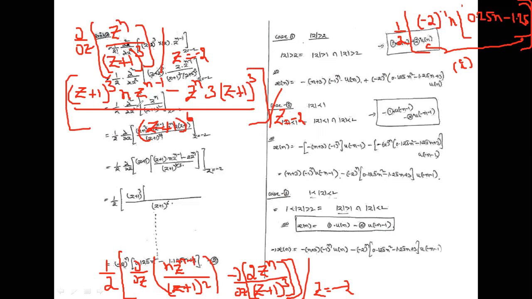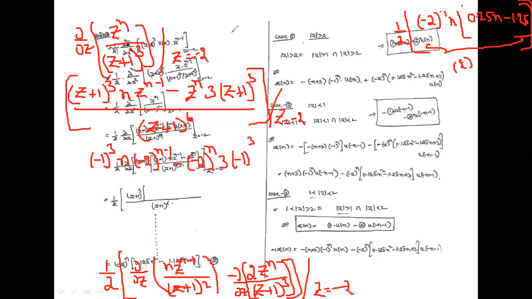Now I am substituting z is equal to minus 2 in this equation. Minus 2 plus 1 is minus 1 whole cube. N into (minus 2) whole power n minus 1, minus (minus 2) whole power n, 3 into (minus 2 plus 1) whole square, that is nothing but minus 1 whole square.